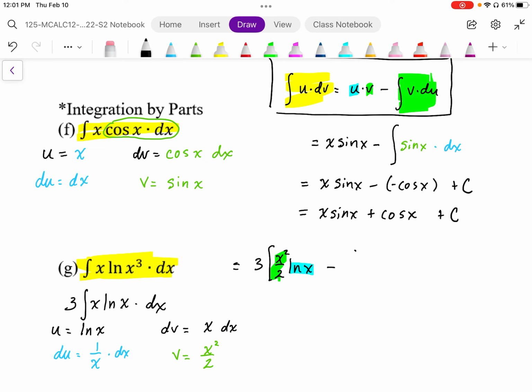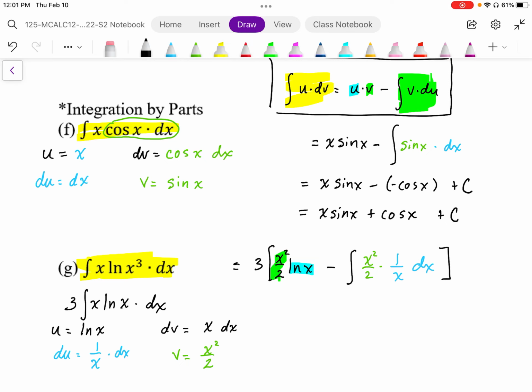Minus, and this is the important part here, I need to evaluate to see if this new integral, which is v du, so v is x squared over 2, and du is going to be 1 over x dx. Does this new expression integrate more easily than the first one?